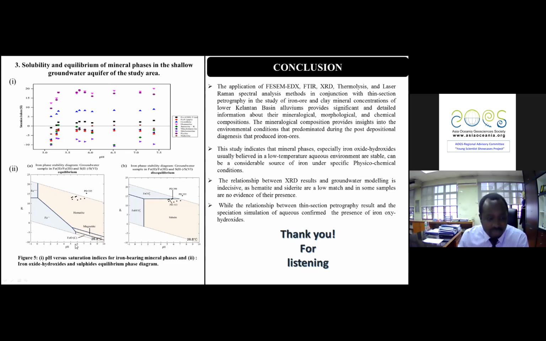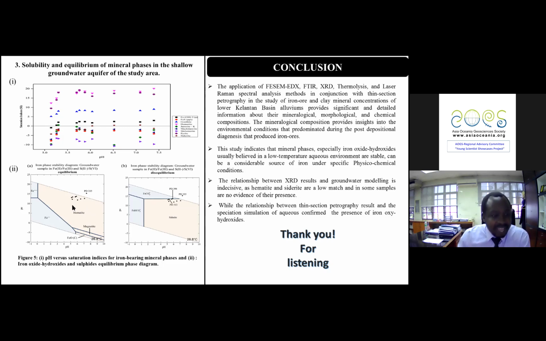Figure 5.2 shows iron oxide, hydroxide, and sulfide equilibrium phase diagram. Speciation simulation of aqueous species was performed in equilibrium and redox equilibrium and disequilibrium method to measure redox couples centered on the calculation of ferric, ferrous, and sulfate. The mineral phase stability relationship here indicated that oxidizing condition most likely dominating the groundwater within the basin.